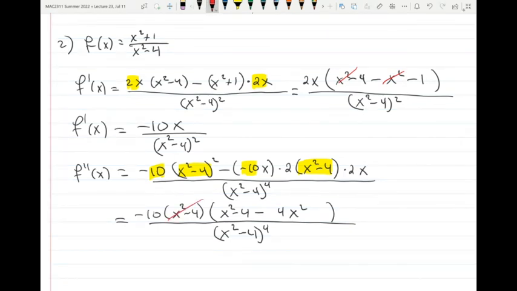Okay, so this guy cancels with this one, gives me a 3 here, and then here we're going to have negative 3x squared minus 4.